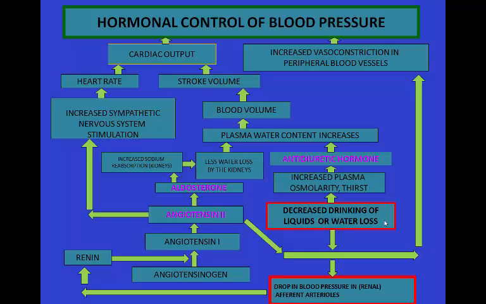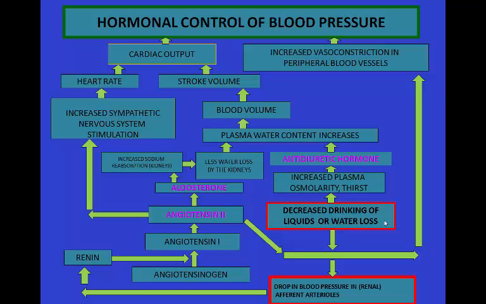An individual is bleeding, they lose a significant amount of blood, or it could be due to any number of other things that could cause the blood pressure to drop, like certain medications that person may have taken, lots of other things like certain diseases that can cause the blood pressure to drop. So if the blood pressure drops below the set point, the kidneys will release an enzyme called renin.